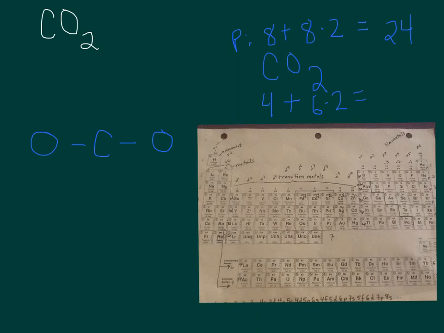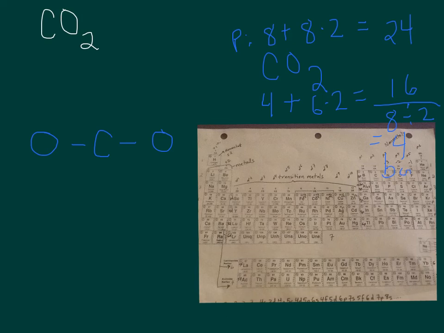So that's 12 plus 4 is 16. So we have 24 minus 16, which must be 8. And then we do 8 divided by 2 equals 4 bonds.